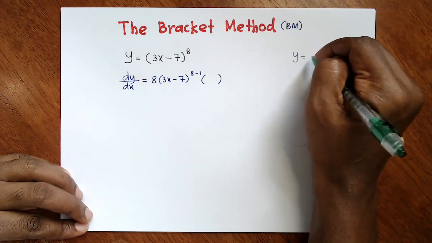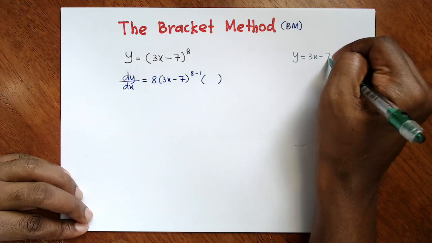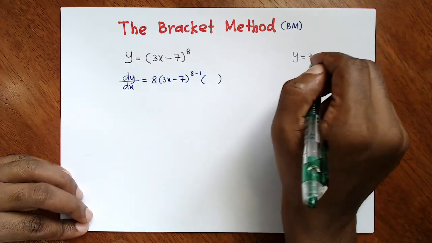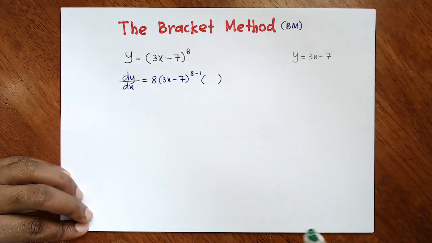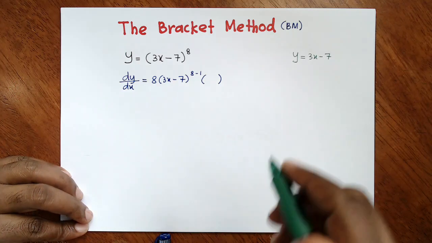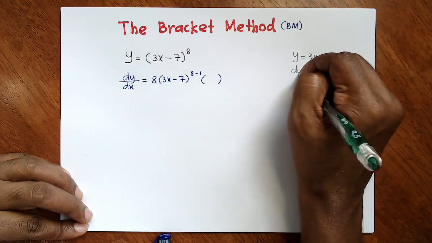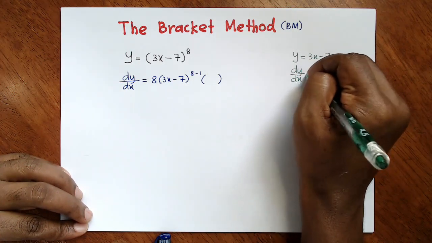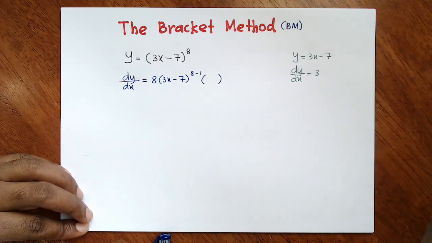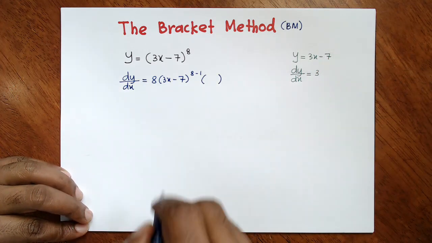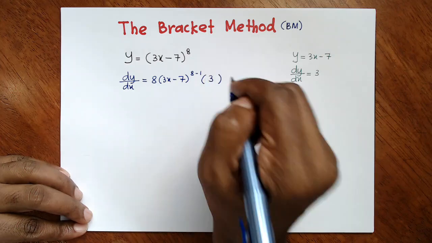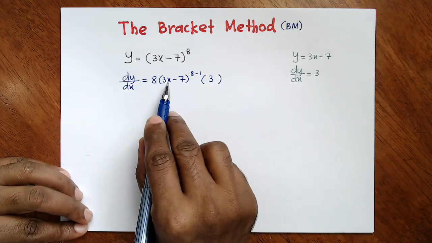I just assume that y equals to 3x minus 7, and if you differentiate that, when you do dy/dx, what do you get? You get 3. So that is what you put outside here, 3. Right, so you differentiate the inside of the bracket and put outside here, and then you multiply 8 and 3.